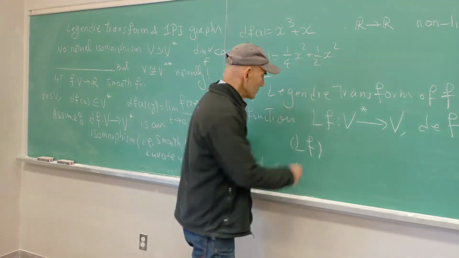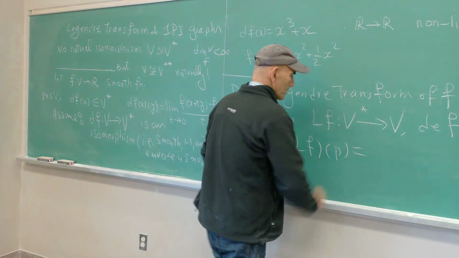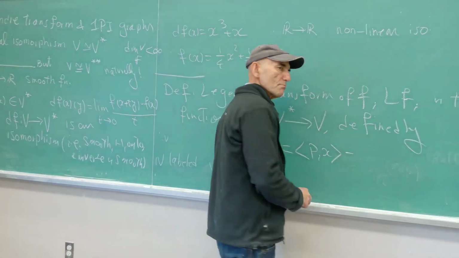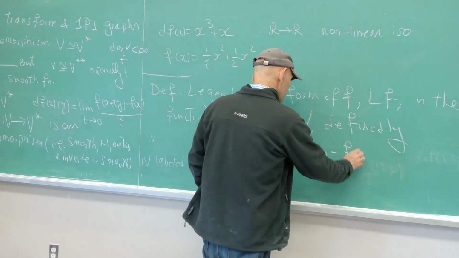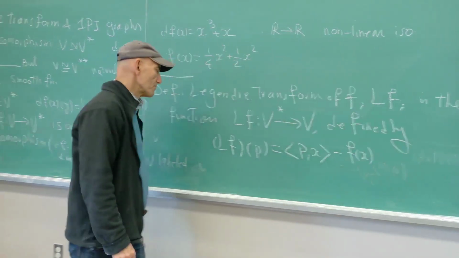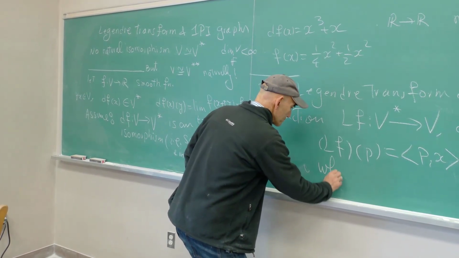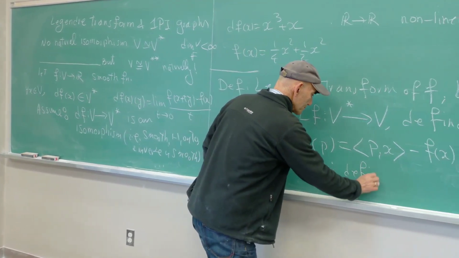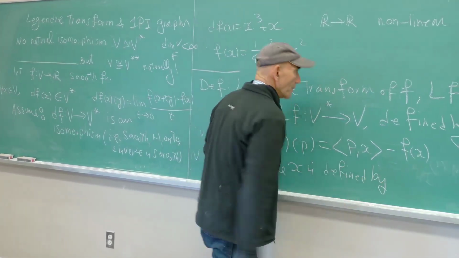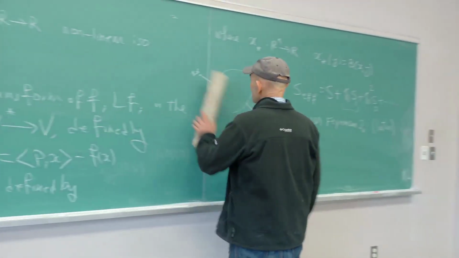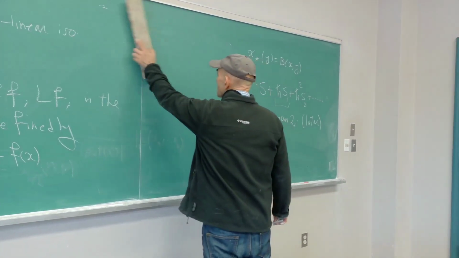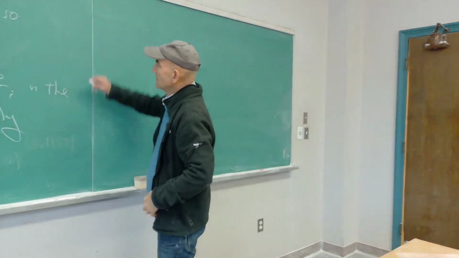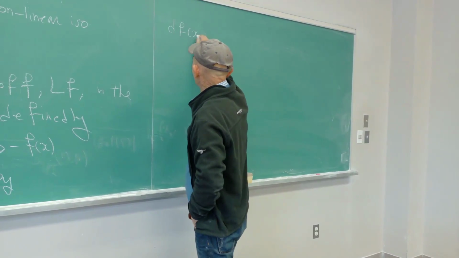L f at p is equal to the inner product of p and x, minus f of x, where x is defined by this equation: df of x equals p.